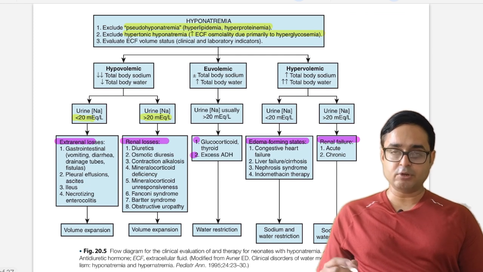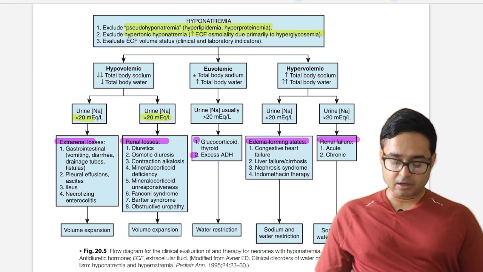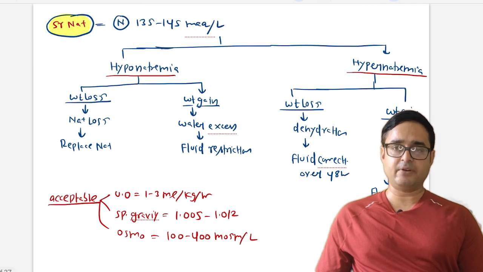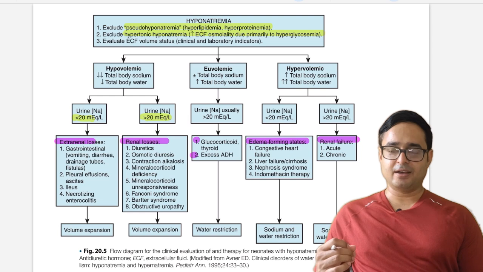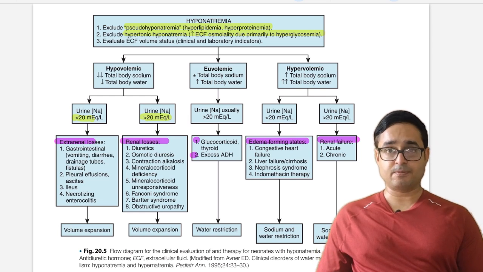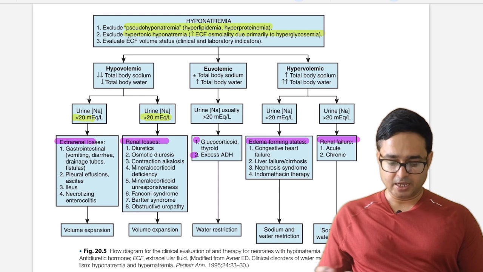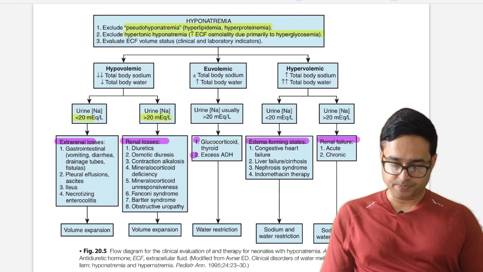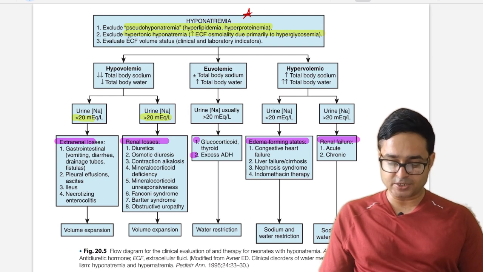So hyponatremia, going one step ahead. After this simplified classification, if we go deep into sodium, because we are preparing for this exam, this depth is required. So hyponatremia, just see, you have to exclude pseudo hyponatremia.